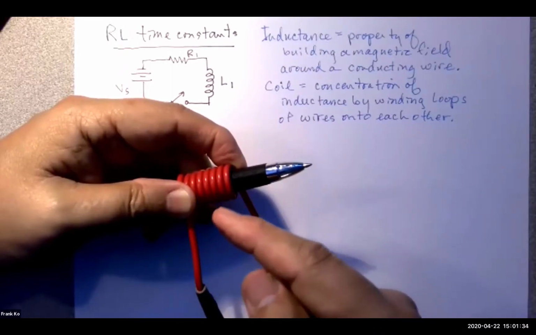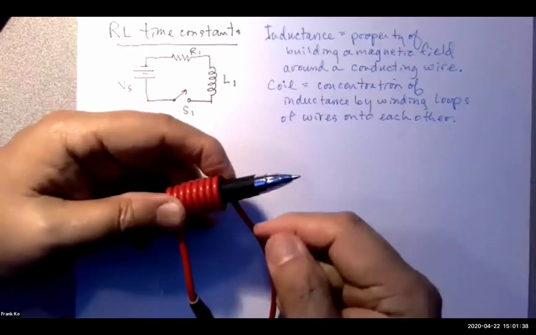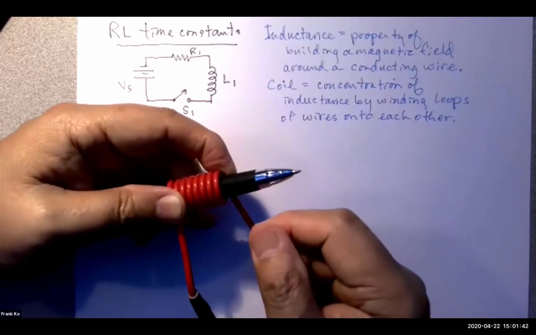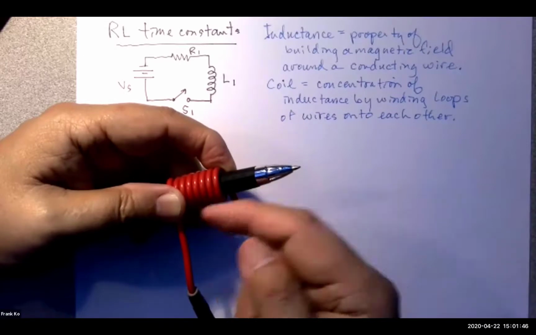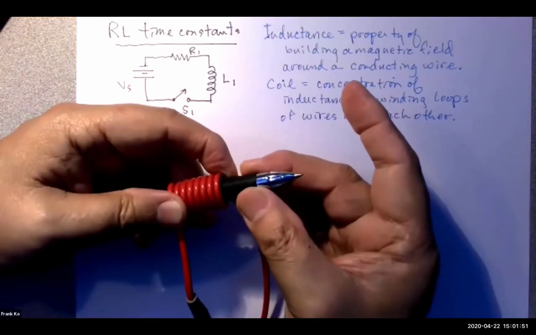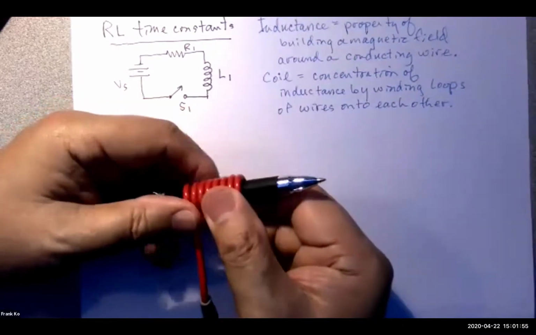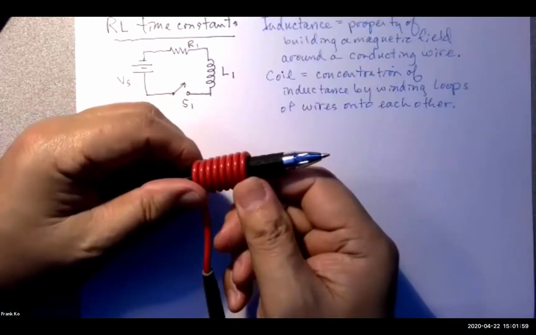And what's mostly done in the industry is an iron slug, a rod of iron, because a rod of iron not touching the coils but placed inside the coils will concentrate the magnetic field even further and will affect the amount of inductance that you're going to realize for this coil.